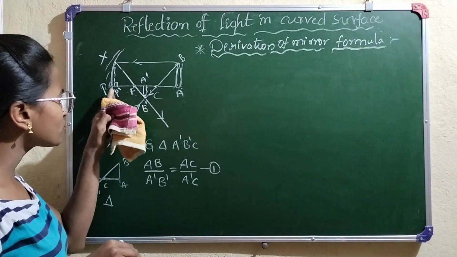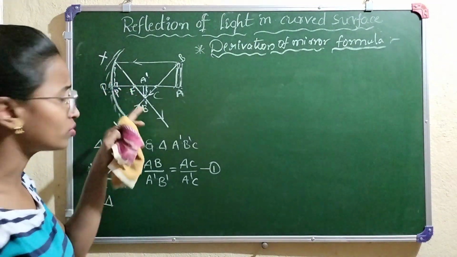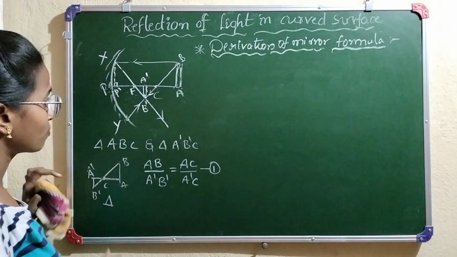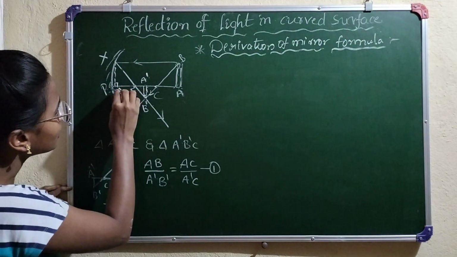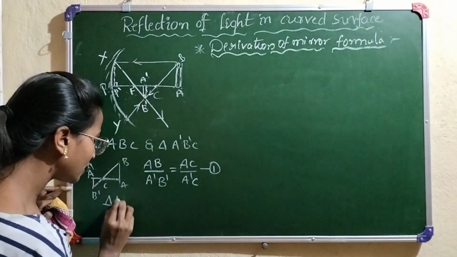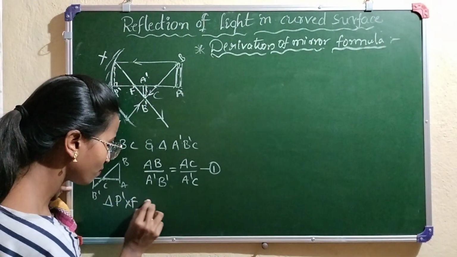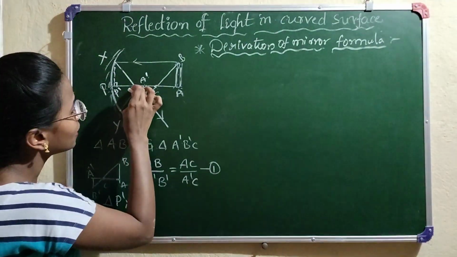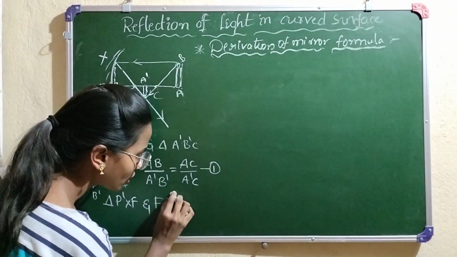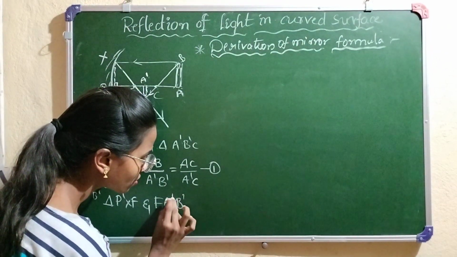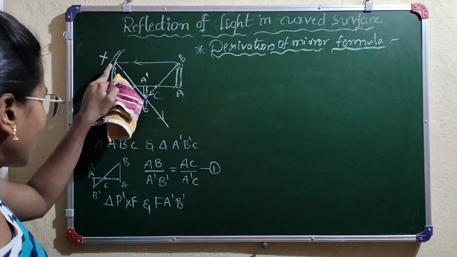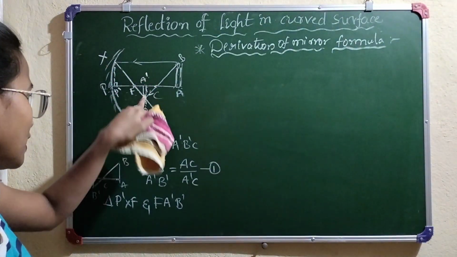This P dash is very close to P, only a minimum distance from P. So take triangle P dash X F and triangle F A dash B dash.